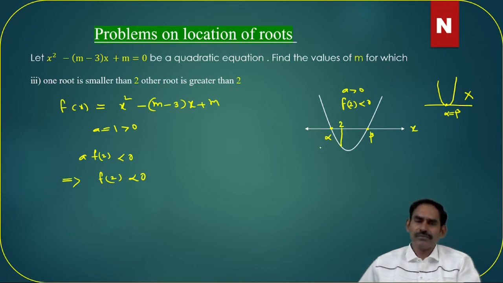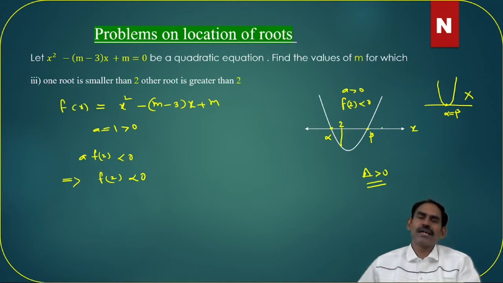Similarly, next, here clearly the discriminant is greater than 0, that's why we need not include that. Already this condition takes care of the discriminant being greater than 0 also. Why? The graph meets the x-axis clearly. One root is less than 2, other root is greater than 2 means clearly the graph meets the x-axis.